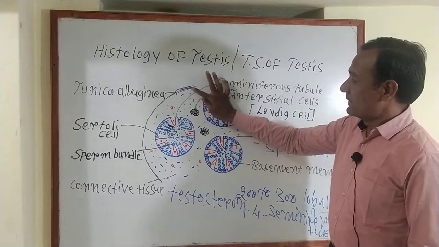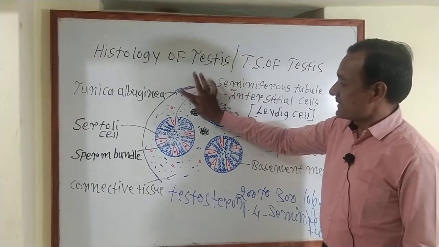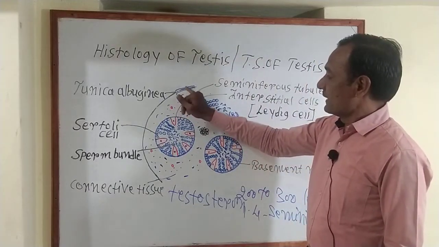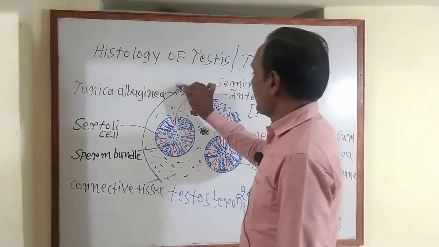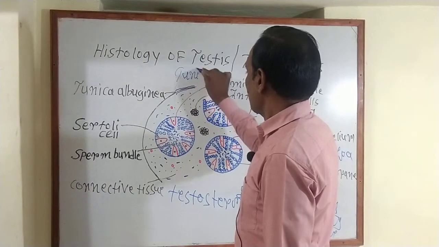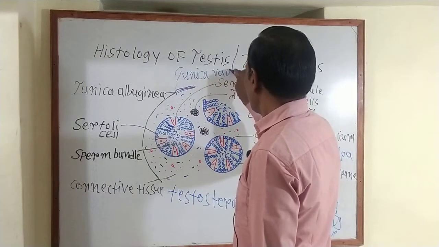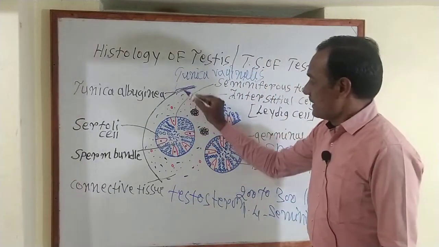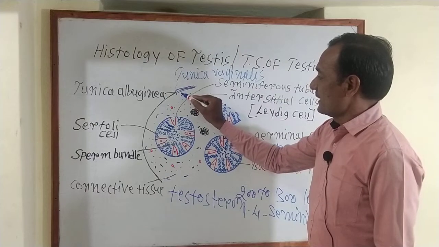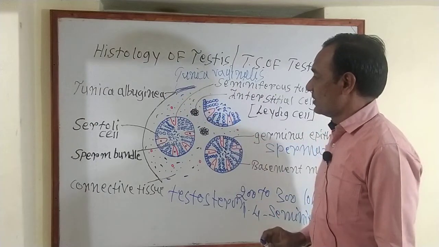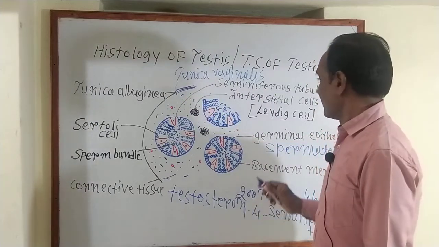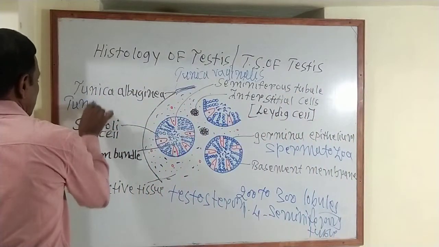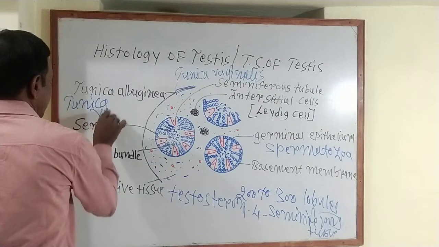Outer to the tunica albuginea is a covering called the tunica vaginalis. Then inner to the tunica albuginea is another thin covering known as the tunica vasculosa.